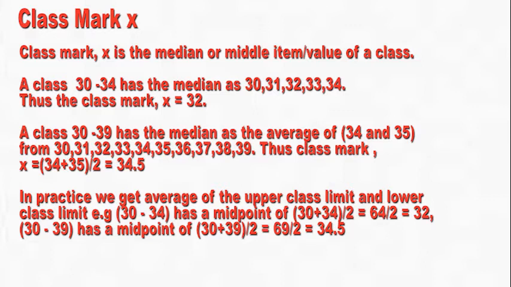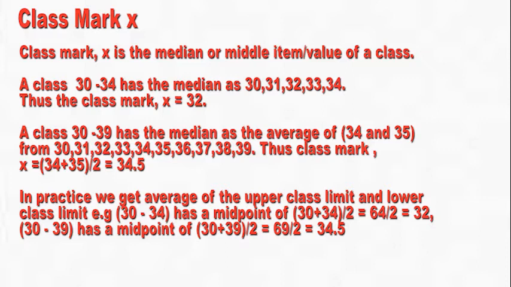Similarly, a class of 30 to 39 has values 30, 31 up to 39, and the median is the average of 34 and 35. Thus, the class mark X is 34 plus 35 divided by 2, and it is equal to 34.5.